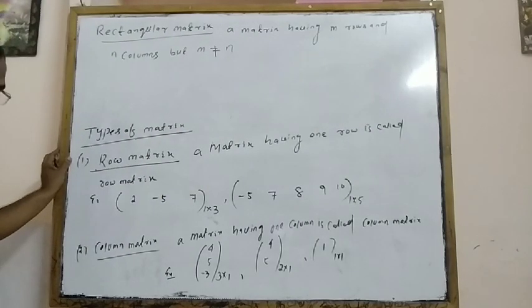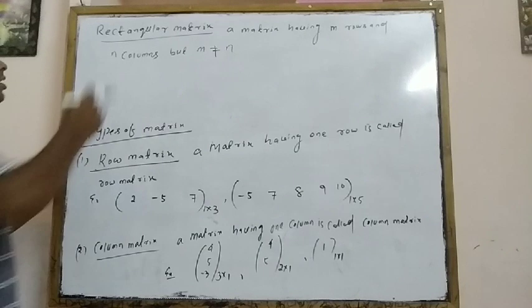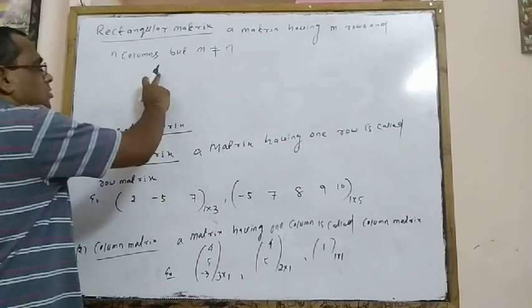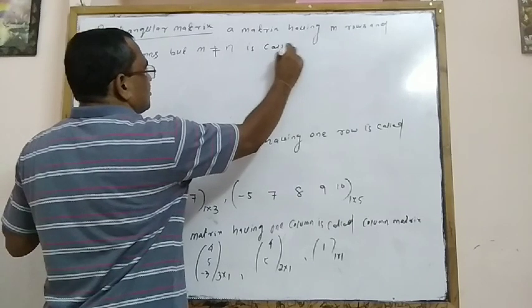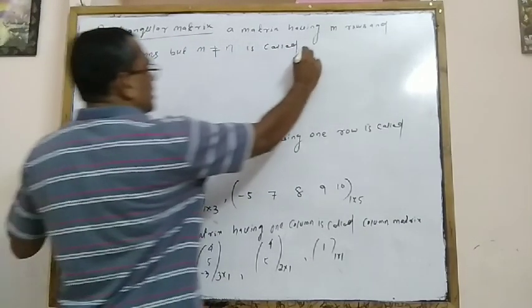Like 2 rows and 3 columns, 3 rows and 5 columns, 7 rows and 8 columns. A matrix with m rows and n columns, but m not equal to n, is called a rectangular matrix.